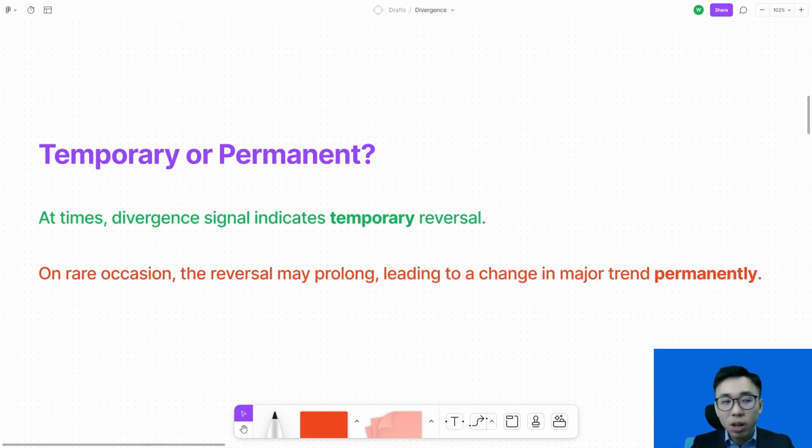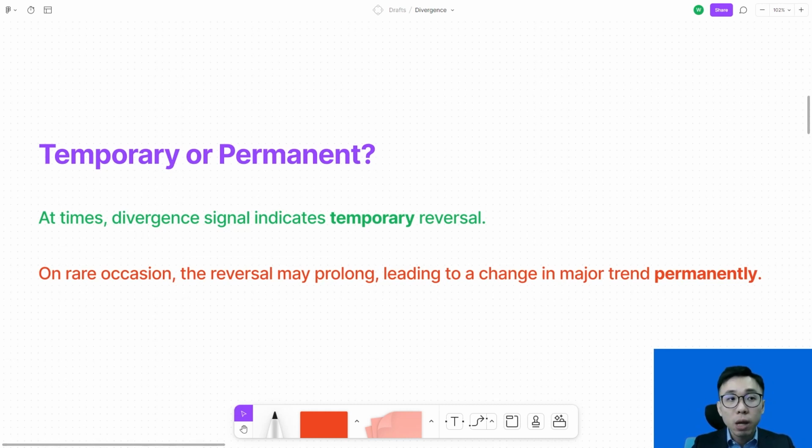Throughout my experience in trading and while using divergence signals, divergence usually indicates temporary reversal. But on rare occasions the reversal is prolonged, and when it's prolonged, it may also lead to a major change in trend direction.